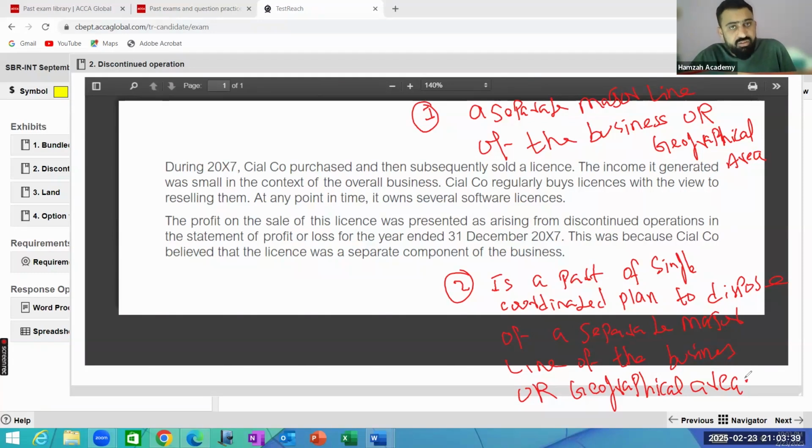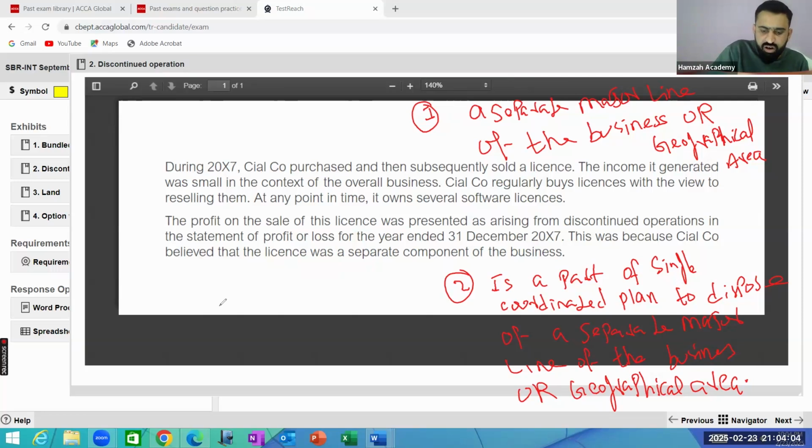That is part of a coordinated plan that you are going to dispose of your major line of a business, or you are going to exit a major separate geographical area of your operation. If that is a part of a single coordinated plan, that is also a discontinued operation.